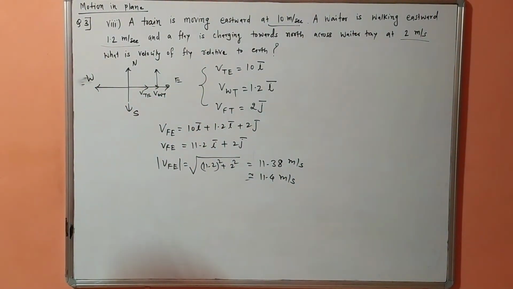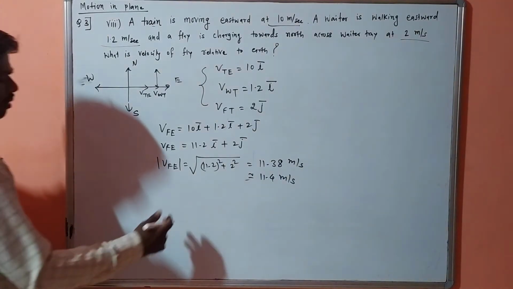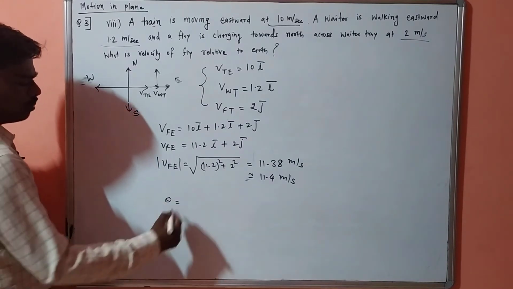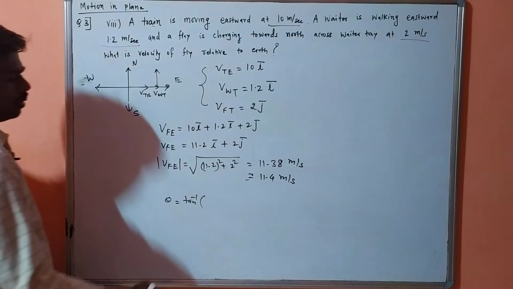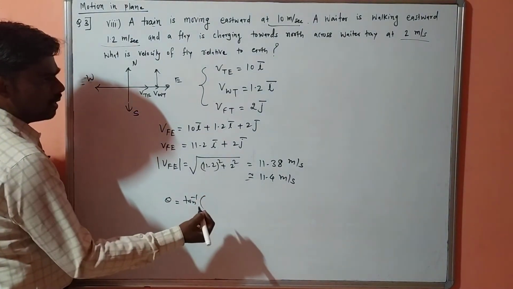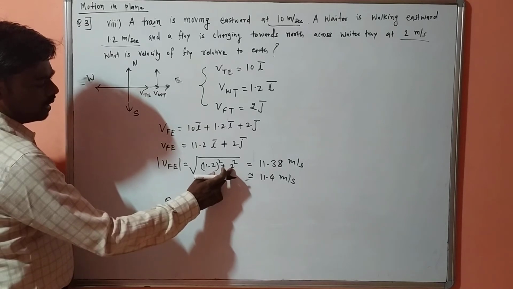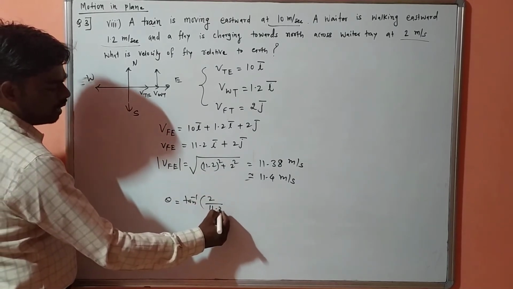And then if we want to find the direction, we know that the direction theta is given by tan inverse of y by x. So here the y component is 2 and the x component is 11.2.